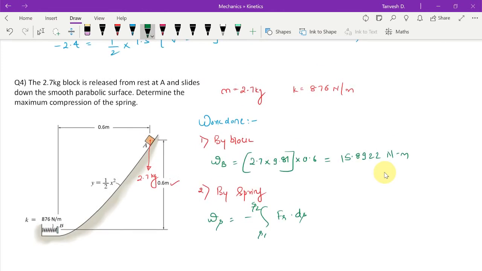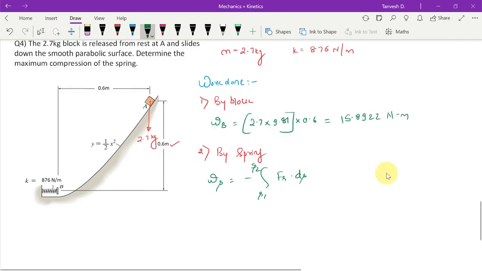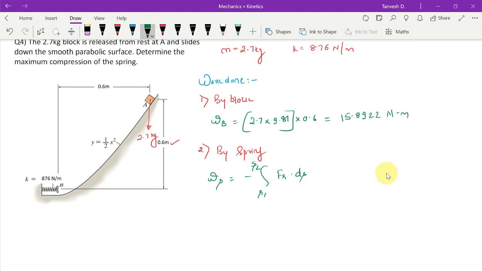Fr is, this stiffness is given, right? And let us say that this spring gets compressed by a distance of s. So let us say spring is compressed by s meters.